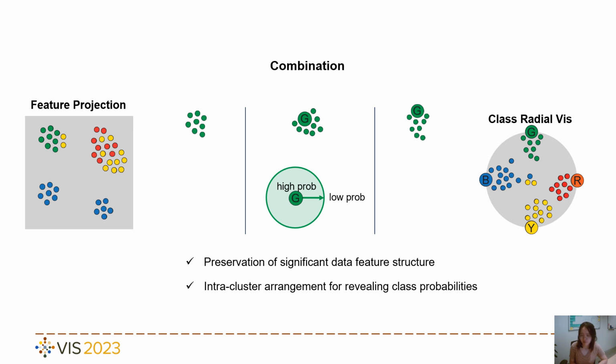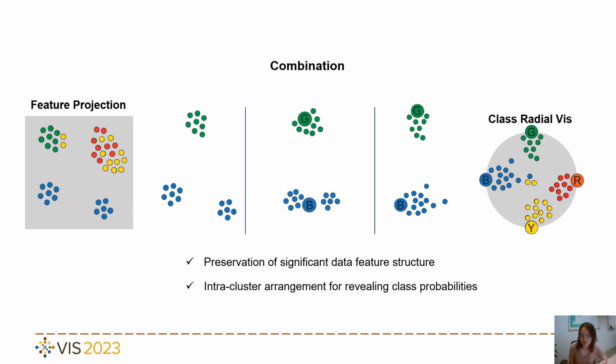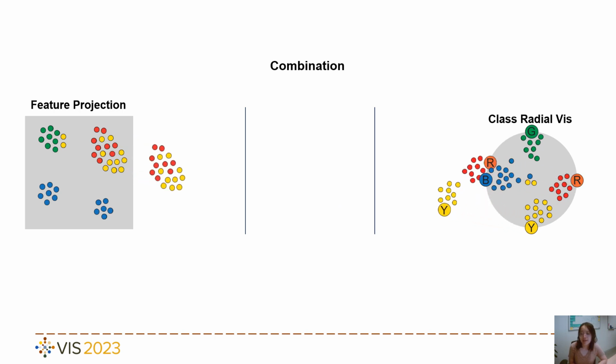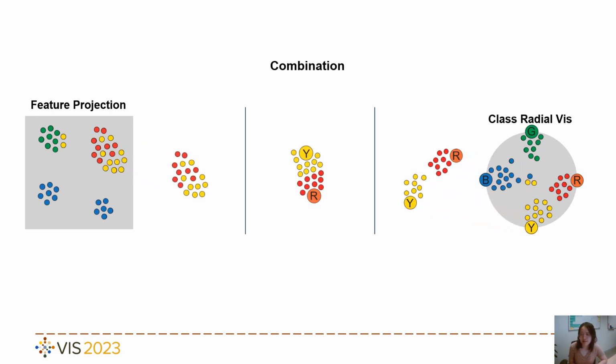Similarly, the two clusters with blue points of class B are put towards the class landmark, and inside each cluster, data points are arranged to ensure those with higher probabilities are closer to the class landmark. In cases where instances are difficult to distinguish solely based on data feature structure, adding class information can enhance group separation.